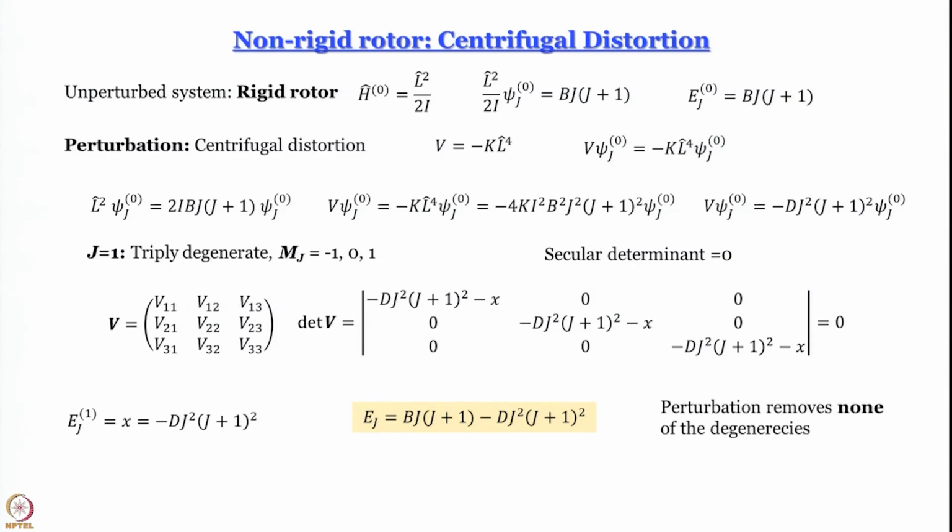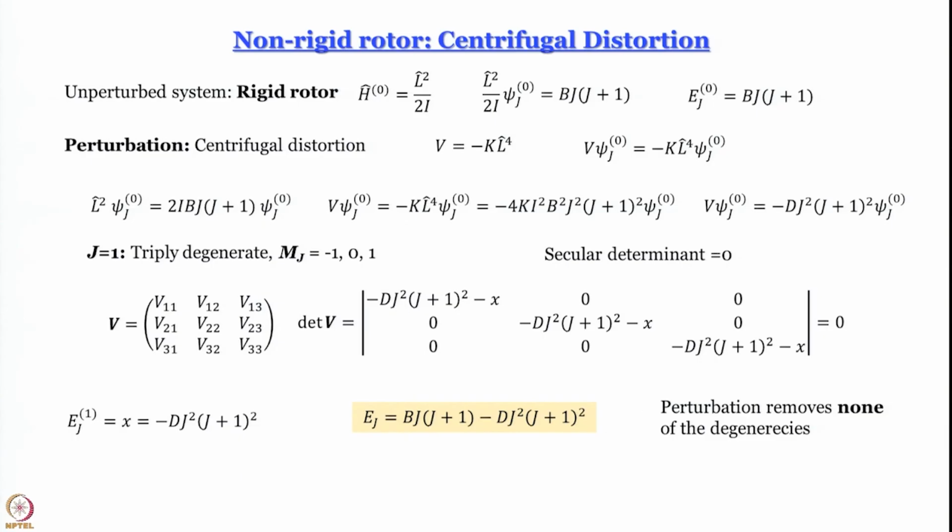So, this is a case where perturbation removes none of the degeneracies. Whatever degeneracy was there will remain, right. We have demonstrated this with this J equal to 1 state, which is triply degenerate. So, what we see is that energies will go up, but a term in M is not coming in. Okay. So, all the 3 M sub levels have gone up by the same amount.